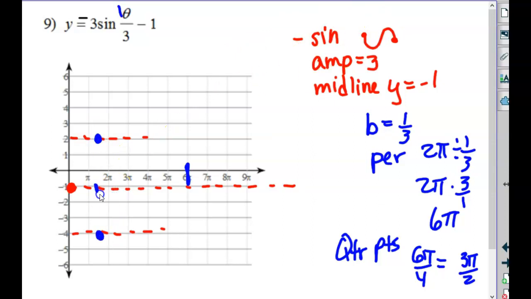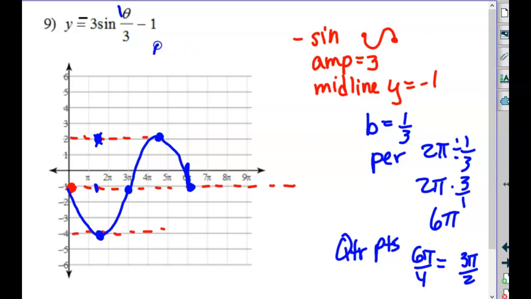Good thing I wrote that little shape up there to remind myself. Then the next one would be 3 halves later, which would be where? If you keep adding 3 halves pi, you'd have 3 pi. 3 halves later would be 9 halves pi, or 4.5 pi. And then 6 pi. It's much easier, in my opinion, if you don't have graph paper to try to match.